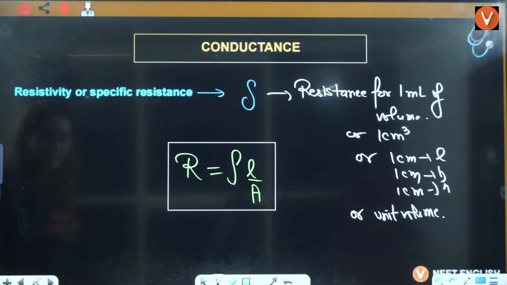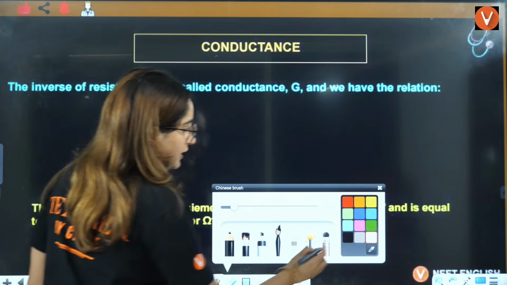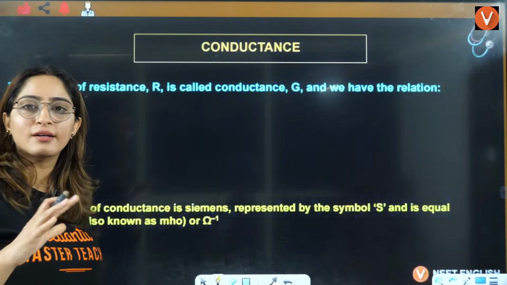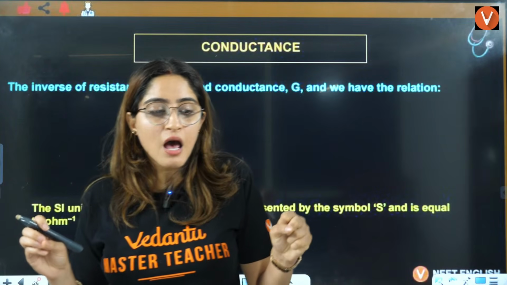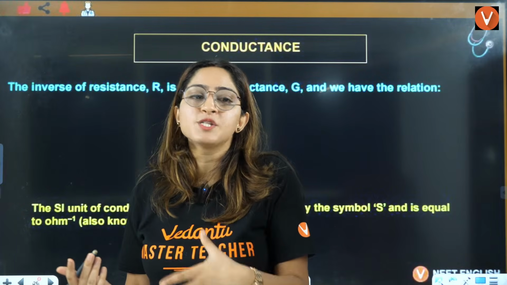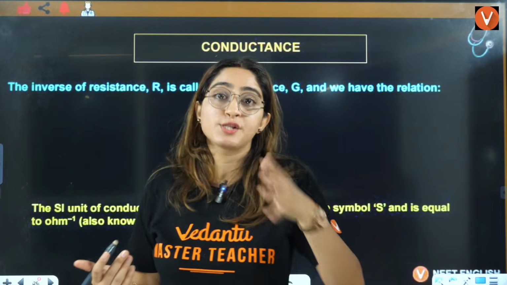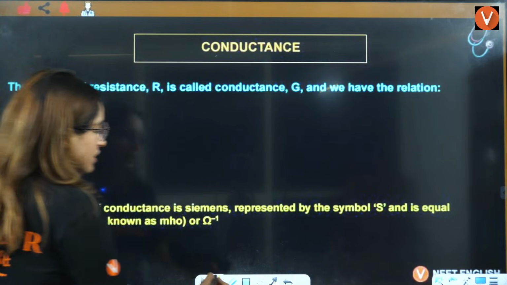Okay. Now let's talk about what exactly is conductance. So guys, conductance is nothing but the opposite of resistance. Resistance means to resist the flow of current. Conductance means how much current is flowing. So resistance and conductance are opposite of each other.